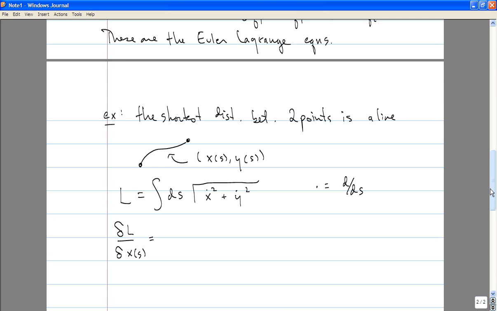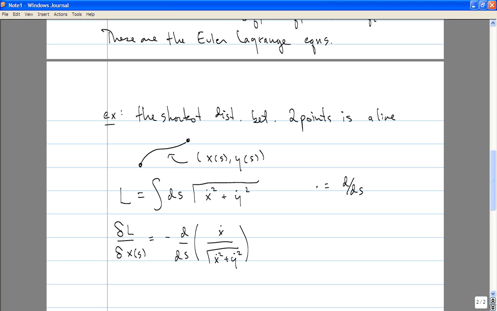And then there is the derivative with respect to s of the derivative of L with respect to x dot. The derivative of L with respect to x dot is x dot divided by the square root of x dot squared plus y dot squared. There is a 1/2 that appears from taking the derivative of the square root, which is canceled by a 2 from the derivative of x dot squared.